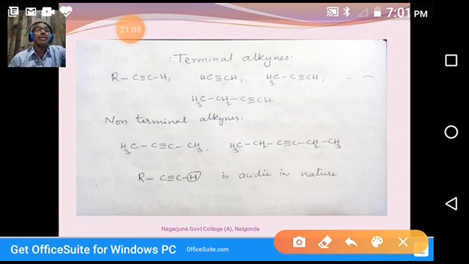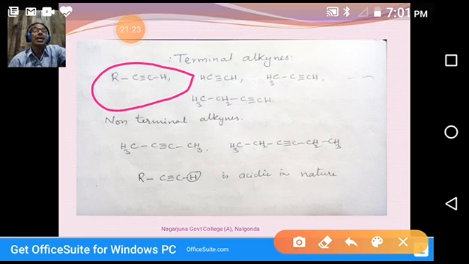What are terminal alkynes? A triple bond is present in the compound at one terminal. In other words, it should contain a C triple bond H, a hydrogen linked to a triple bonded carbon. If at least one of the triple bonded carbons is linked to hydrogen, we call it a terminal alkyne.